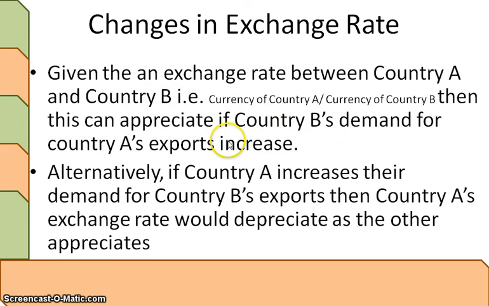So we're seeing that here. Alternatively, if country A increases their demand for country B's exports, then country A's exchange rate would depreciate as the other country, in this case country B, exchange rate appreciates.